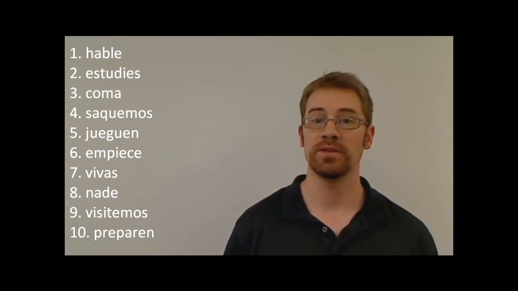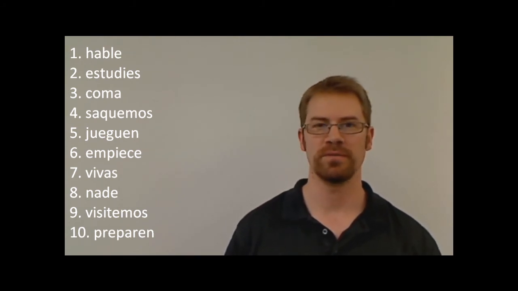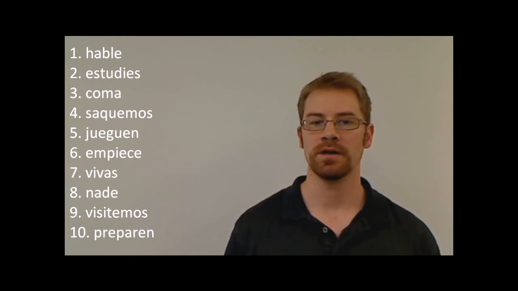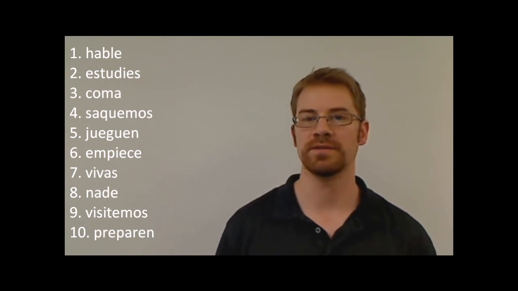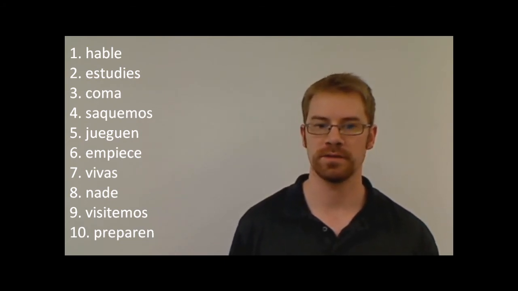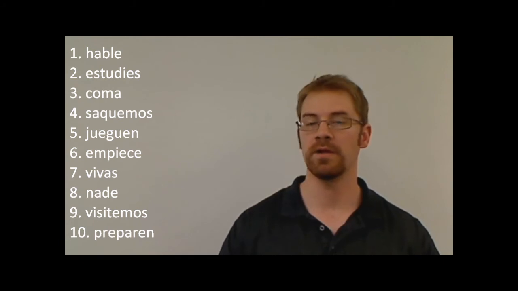Now, there's a couple in there that I threw in just to trick you, to see if you had to think about it for a second. Numbers 5 and 6. They were both jugar and empezar. They fall into the category of the car, gar, zar verbs, so hopefully you got that part right. Maybe you noticed also that these are boot verbs normally in the present tense, so maybe that got you thinking.